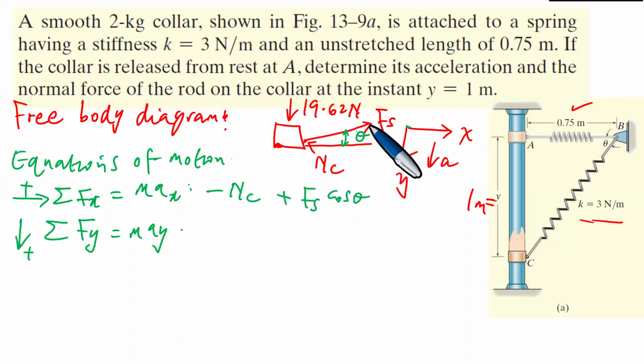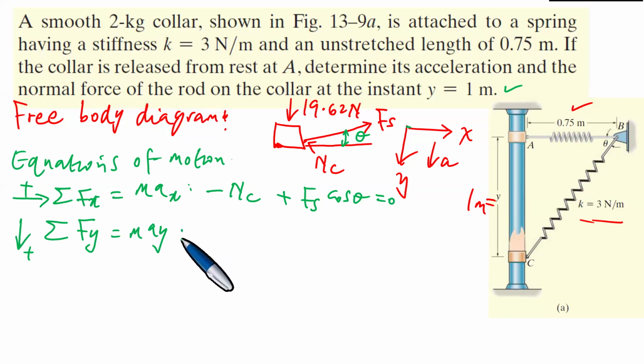That is the horizontal component of Fs. Remember, we are determining the acceleration and the normal force of the rod on the collar at the instant that y is 1 meter, where the acceleration in x equals 0.